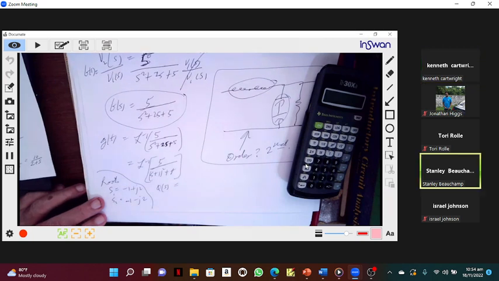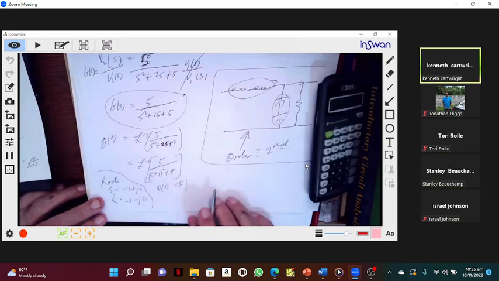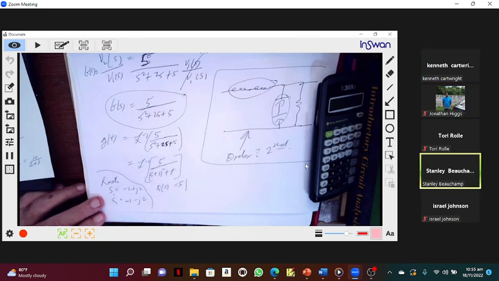Q(s) is the numerator, F(s), and in our case that is 5, evaluated at the root, so that's s equals minus 1 plus j2.